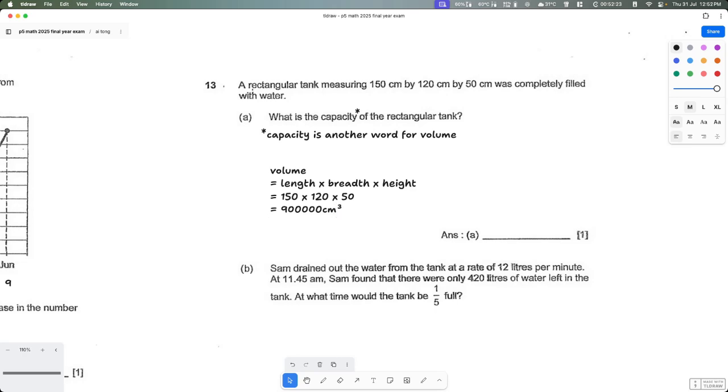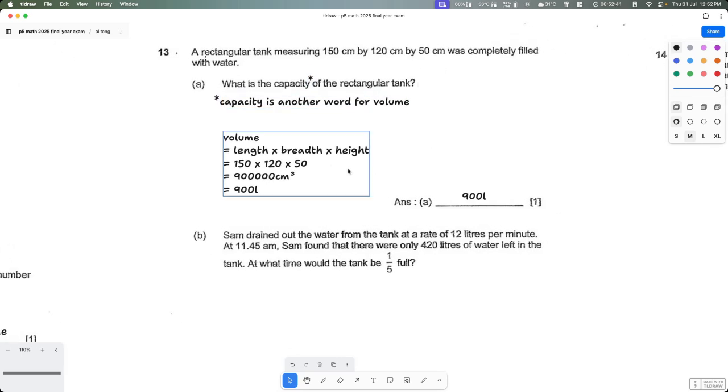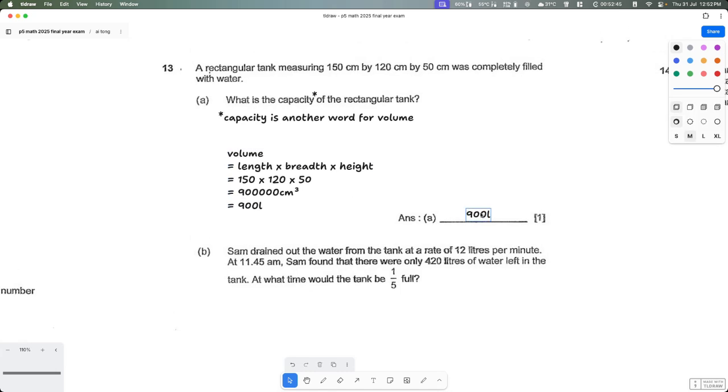Okay, so let's convert this to liters. 900 liters. So I'm just going to put here 900 liters. That's the capacity. There is no need to say whether it is in centimeter cube or liters. I'm just going to put liters, so it's easier, right?